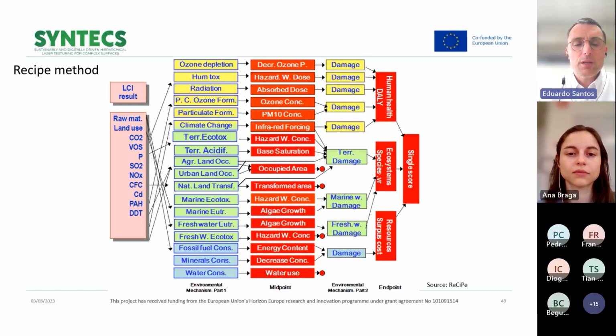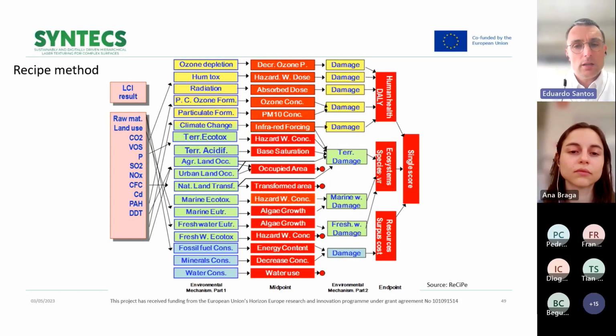So when we have midpoint, as I said, it's very clear that we have very defined physical units, and we can measure that. When we are coming into endpoint, it's usually more difficult to correlate or to measure how much of, for instance, the decrease in ozone concentration affects the living habitats, or the number of species that exist in a given habitat.